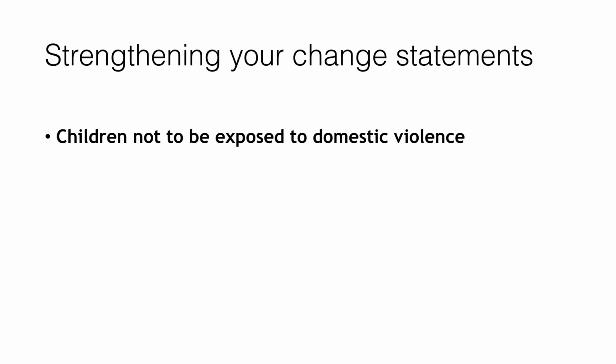If we look at two change statements that describe the same circumstances, we can think about ways we can strengthen our own statements. Children not to be exposed to domestic violence is a change statement or desired outcome. You'll notice that it has the label domestic violence there as well.